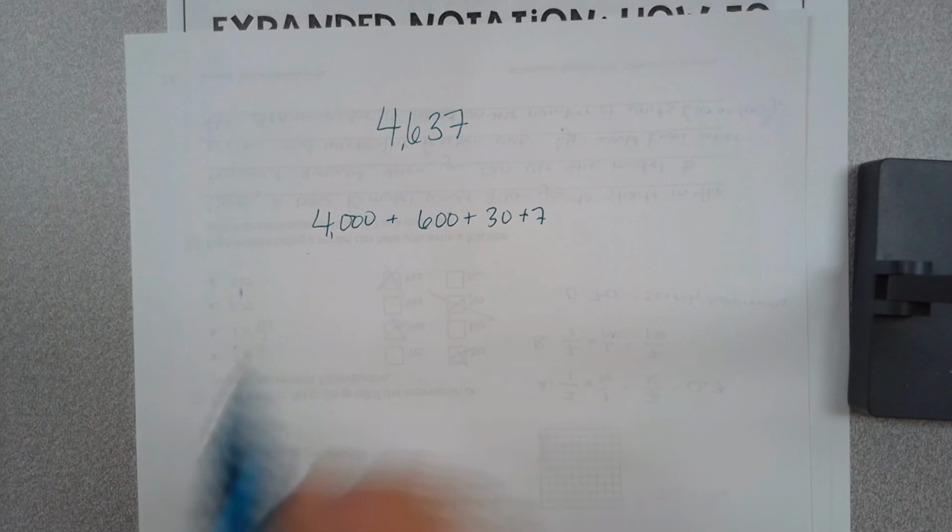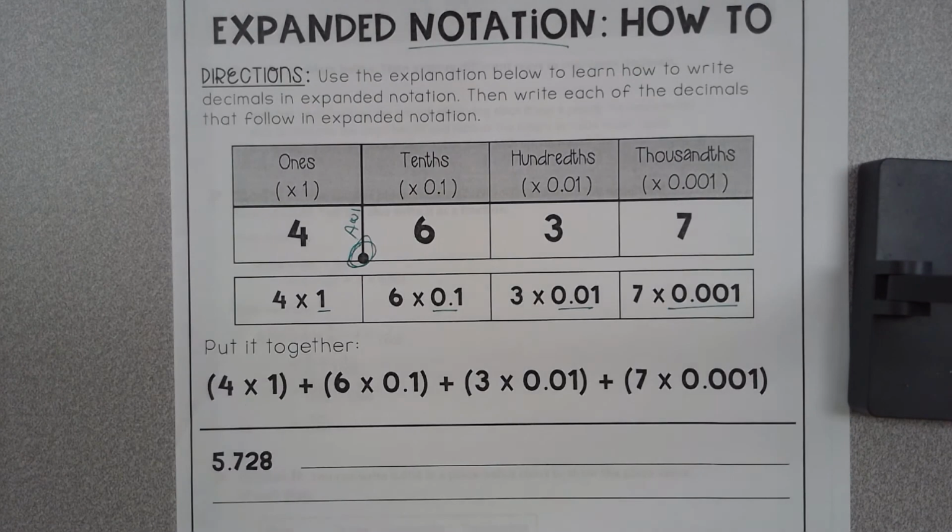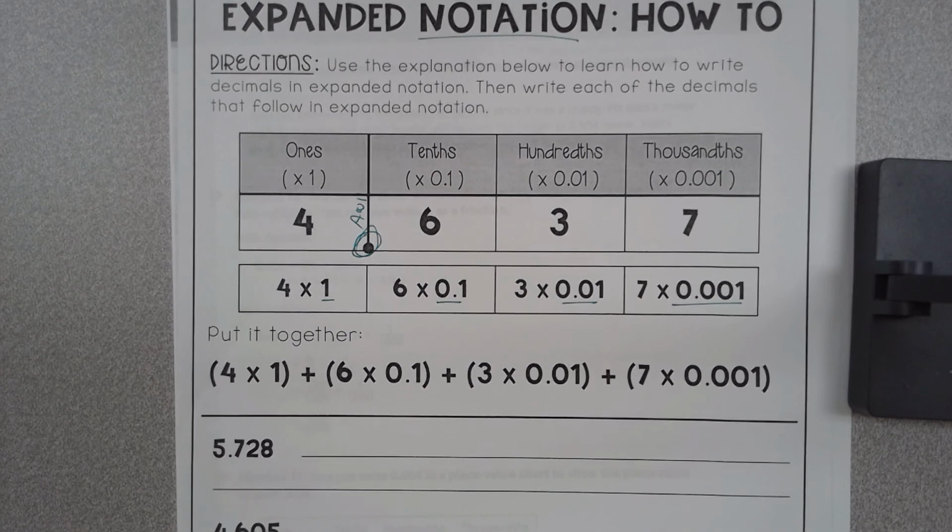Now, expanded form with decimals or fractions, it's the same thing, except we just have to add in the fractional numbers by multiplying them by either the notation form, which is like this, or the fractional form.